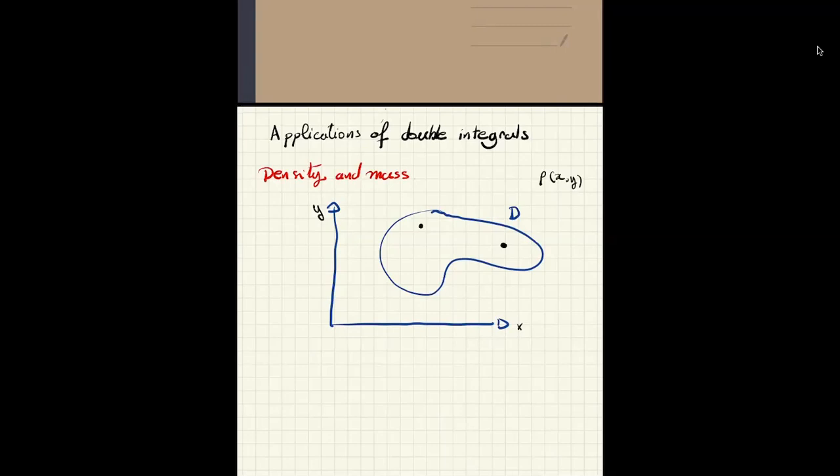So what you do here is the same thing as we've been doing, and we'll keep doing. We divide and we take the limit.